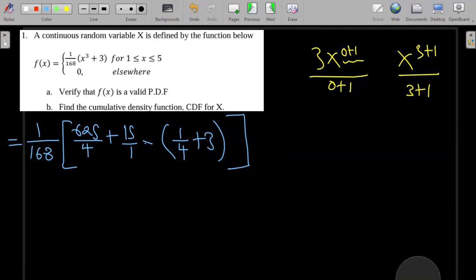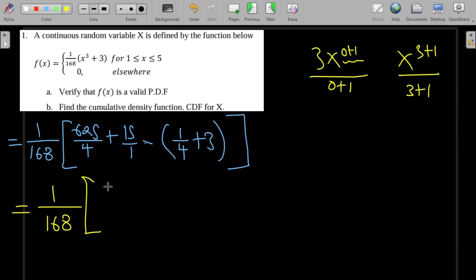Okay, so let's calculate whatever we have in the brackets. If you want, you can just punch them on the calculator and see what you get. So I have 625 divided by 4, plus 15, minus 1 divided by 4, and then minus 3.